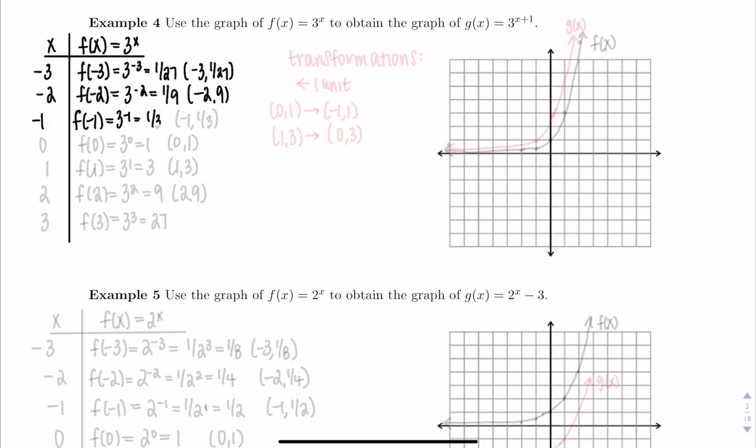Negative 1 is going to give me 1/3. 0 is going to give me 1. 1 is going to give me 3. 2 is going to give me 9. And 3 is going to give me 27.